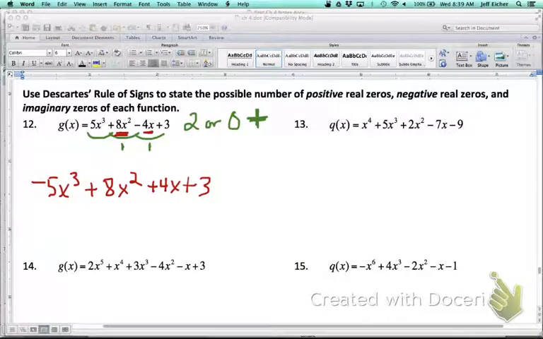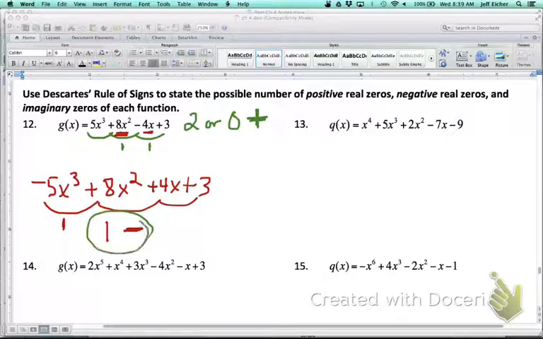So how many sign changes do we have? We have 1, negative to positive, so that's 1. This one doesn't change, and this one doesn't change. So we have 1 negative solution. Now notice we can't really go like 1 or negative 1 negative solution. So this tells us there must be exactly 1 negative real solution.